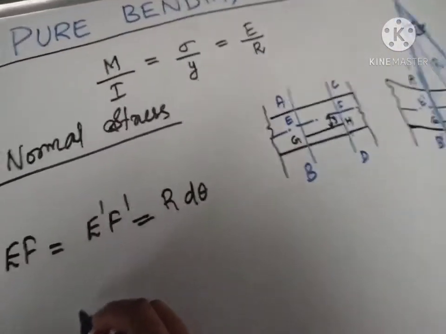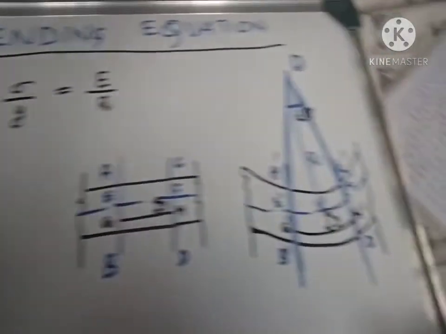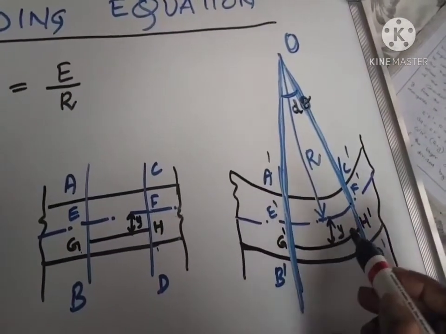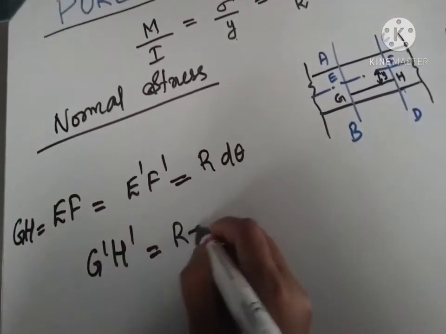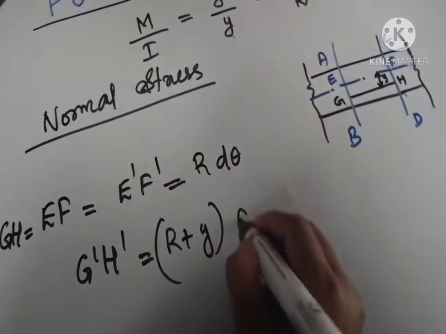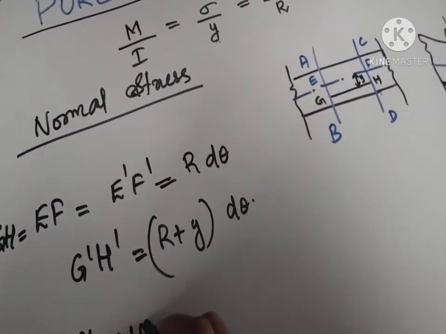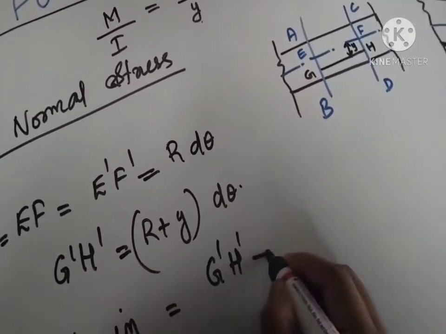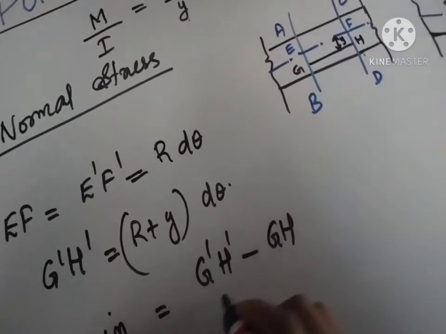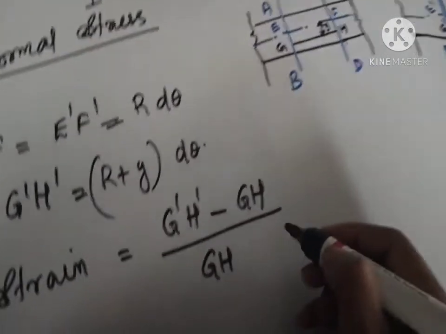Similarly, what is G dash H dash from the figure? G dash H dash is this arc length, that is (R plus Y) into d theta. Now what is the strain occurred? That is equal to change in length, that is G dash H dash minus initial length GH, divided by original length GH.